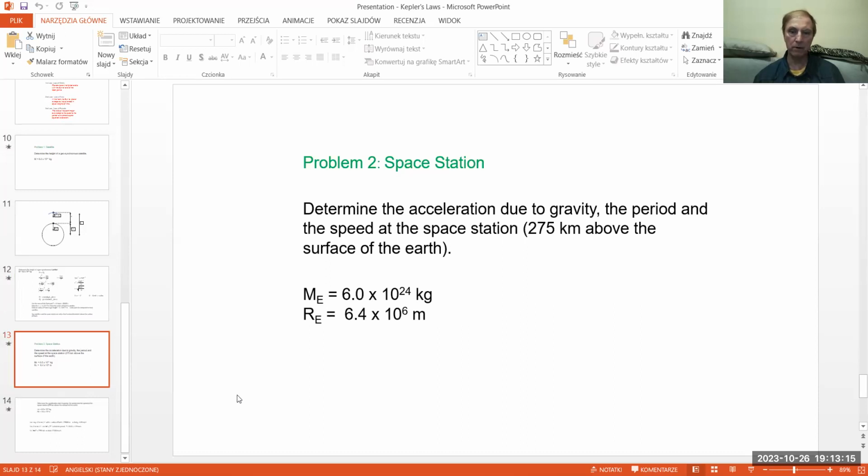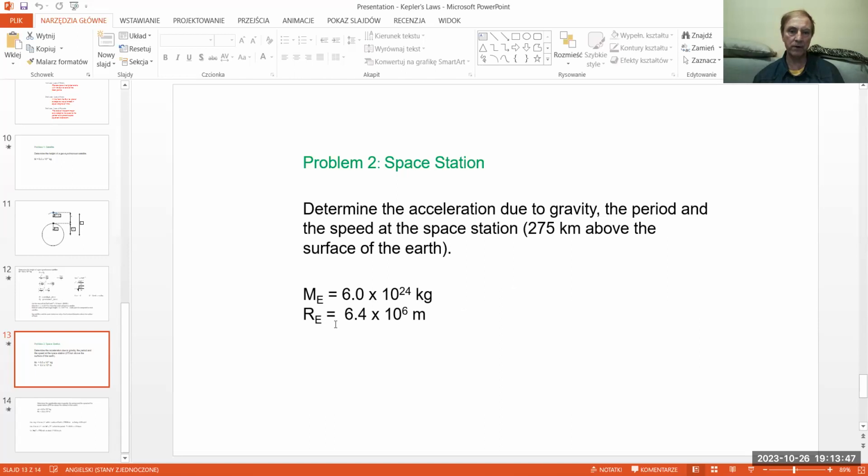And one more problem. Determine the acceleration due to gravity, the period and the speed at the space station 275 kilometers above the surface of the Earth. So again, we know the mass of the Earth can be found either in a textbook or in a table or on the internet if you prefer.